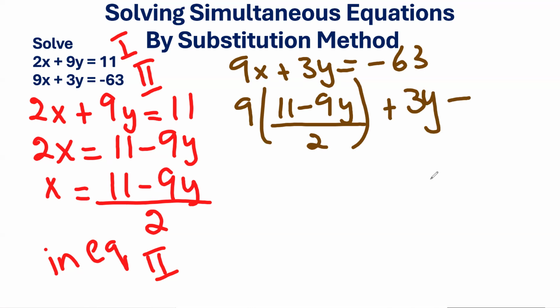Minus 63 will come on this side, it will become plus 63, and 0 is remaining on the right-hand side. We have to solve it, and we can find the value of y from here.